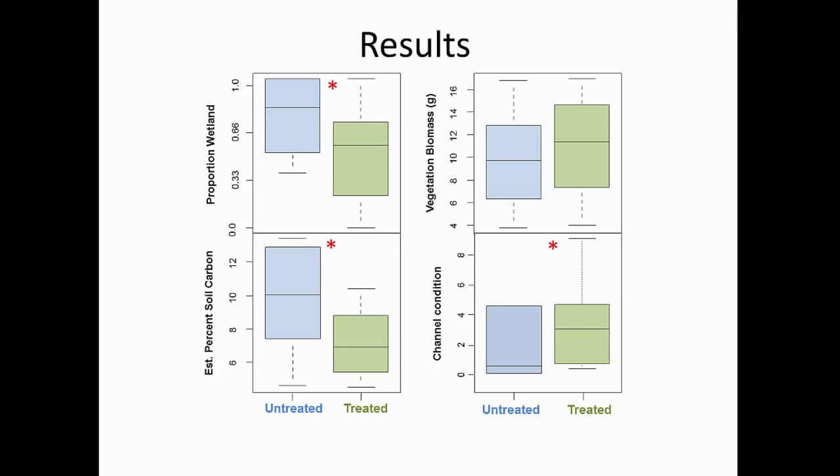And then channel condition, down here, is actually an index of areas of instability, and the treated didn't score higher. It meant that we saw more signs of instability. So why did we see those results?